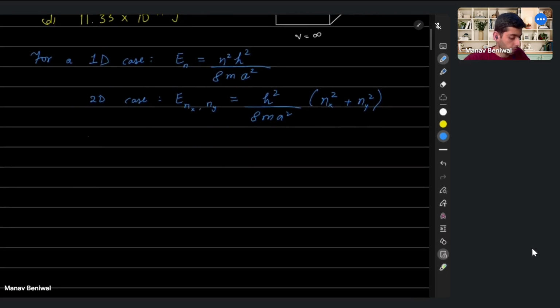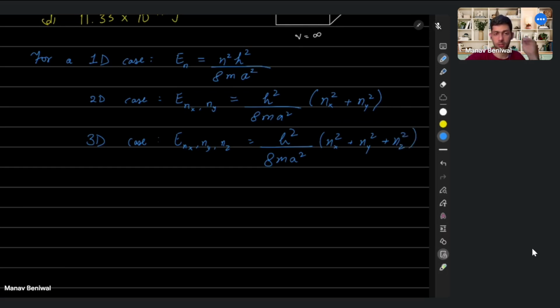Now similarly, for a 3D case, we will have E of nx, ny, nz equal to h squared over 8m a squared times nx squared plus ny squared plus nz squared. Now for ground state, we take the minimum values.